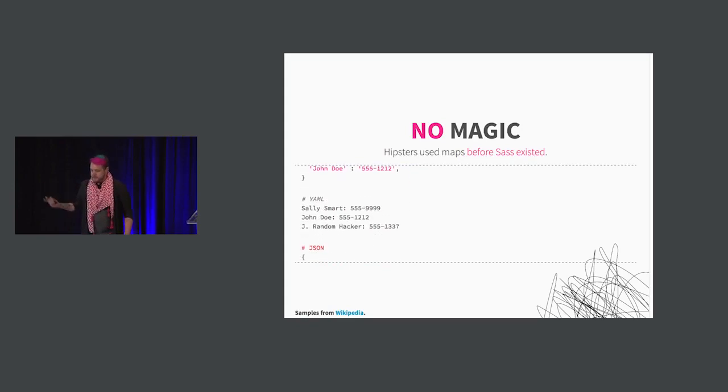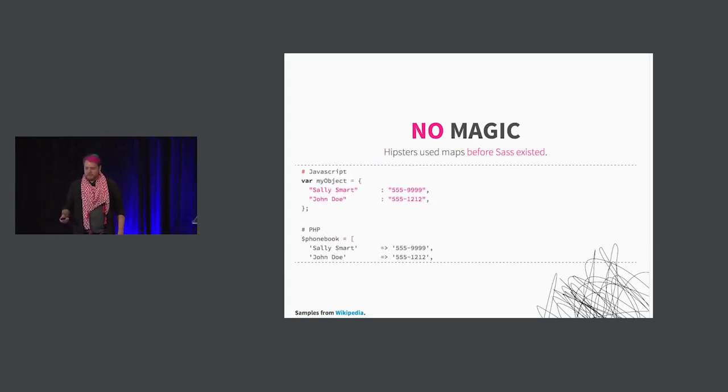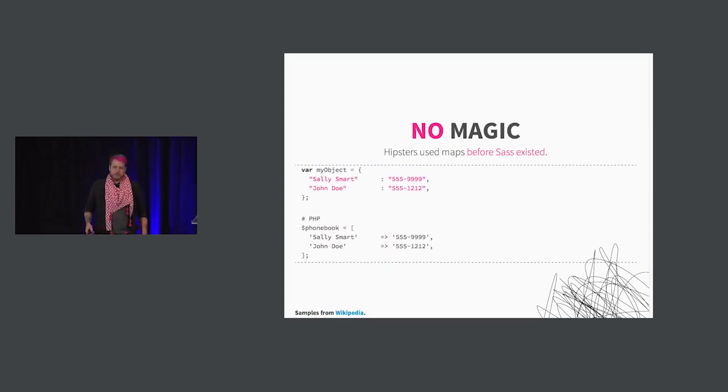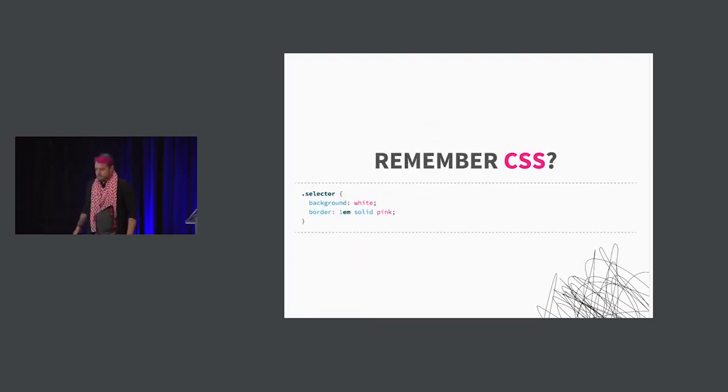So you've probably seen maps before. They exist in almost every language. They're also referred to as associative arrays or hashes or various other things. If you remember CSS, I don't know if any of you used CSS? It's an older thing. It's very similar to a map, just a slightly different syntax.